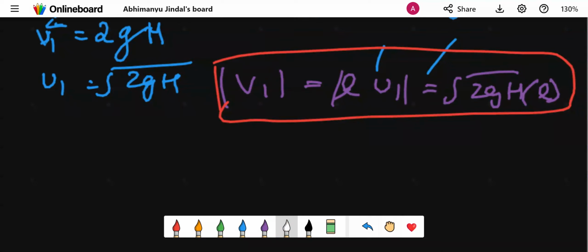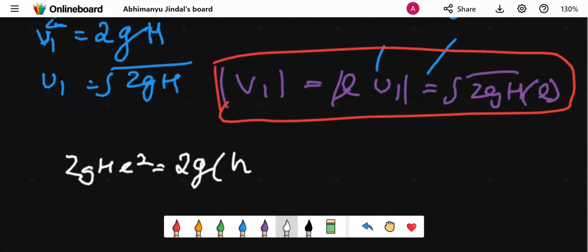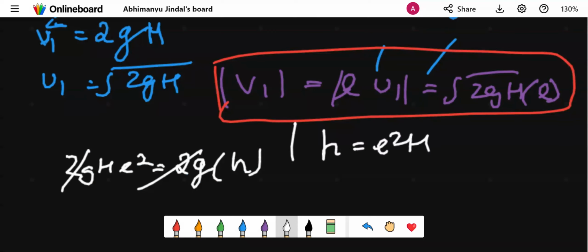We can use the simple formula s equals ut plus half at square. No, we can use v square minus u square equals 2gh. Here v is 0, u is this, so u square, which is 2gH times e square, equals 2 into g into height h1. So you see I get height h1 equals e square H.